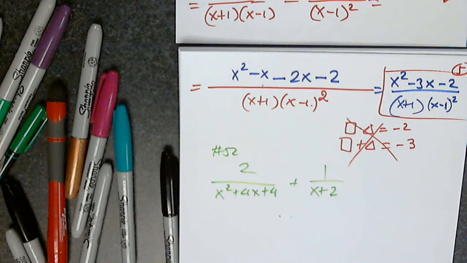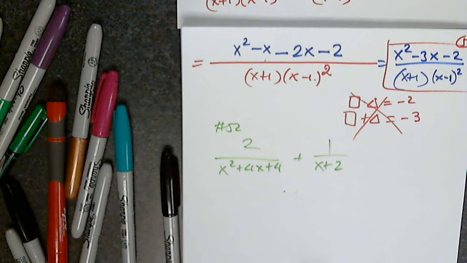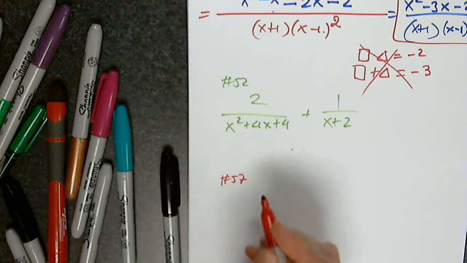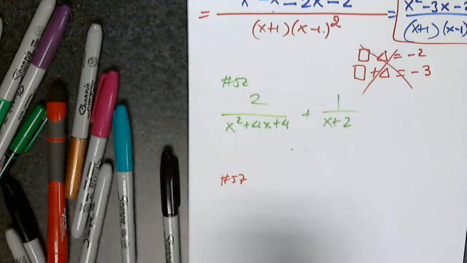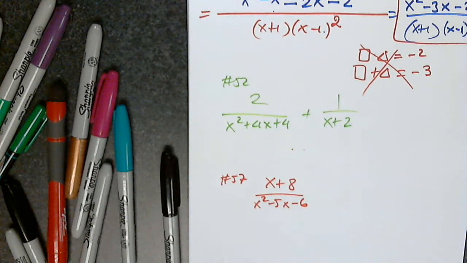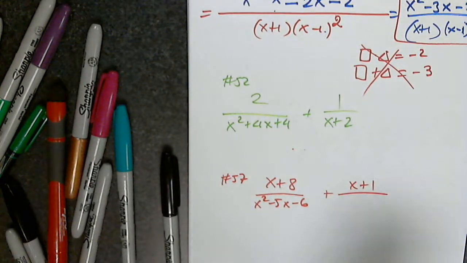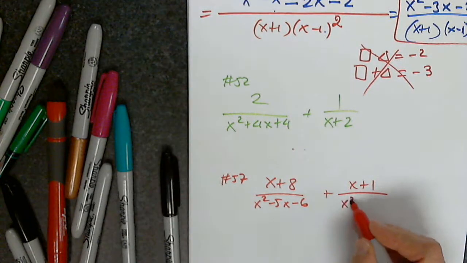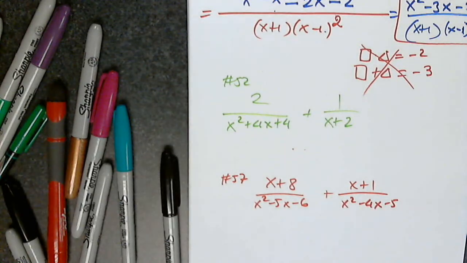I don't want you to wait. Yeah, I'm going to write 57 as well. And then we can move on to equations. x plus 8 over x squared minus 5x minus 6, plus x plus 1 over x squared minus 4x minus 5.